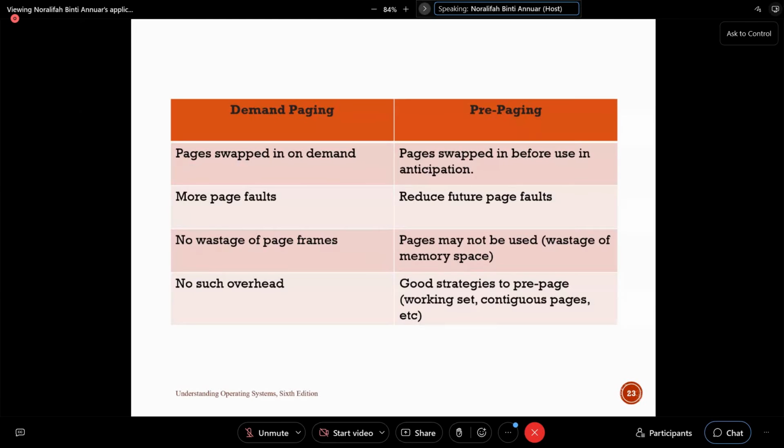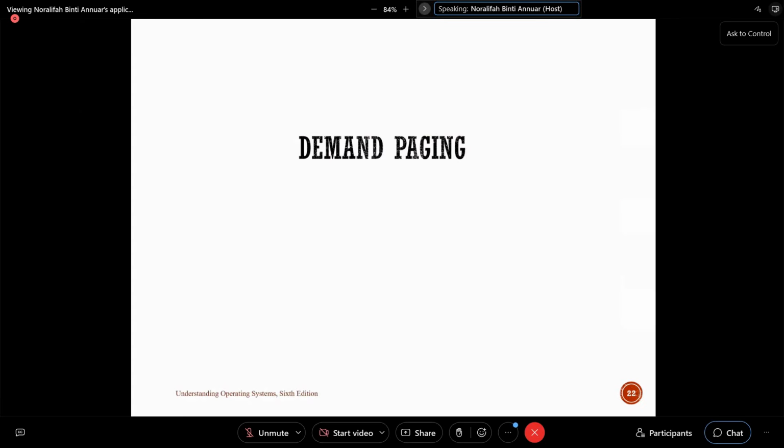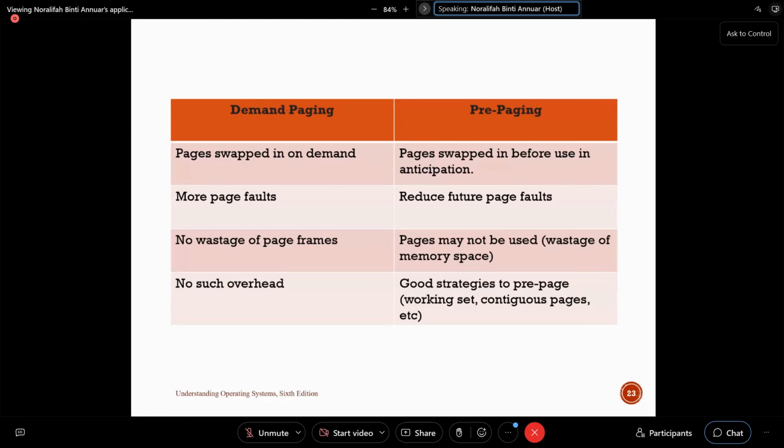Alright. What is demand paging? Demand paging ni from the words demand, by request. So if they demand, then you will give to them. So senang je. Demand maksudnya you still break the page into equal size.